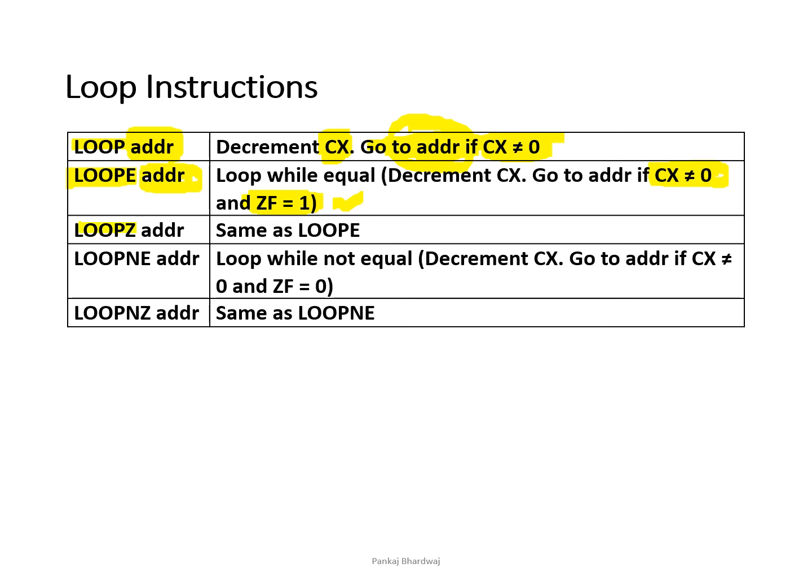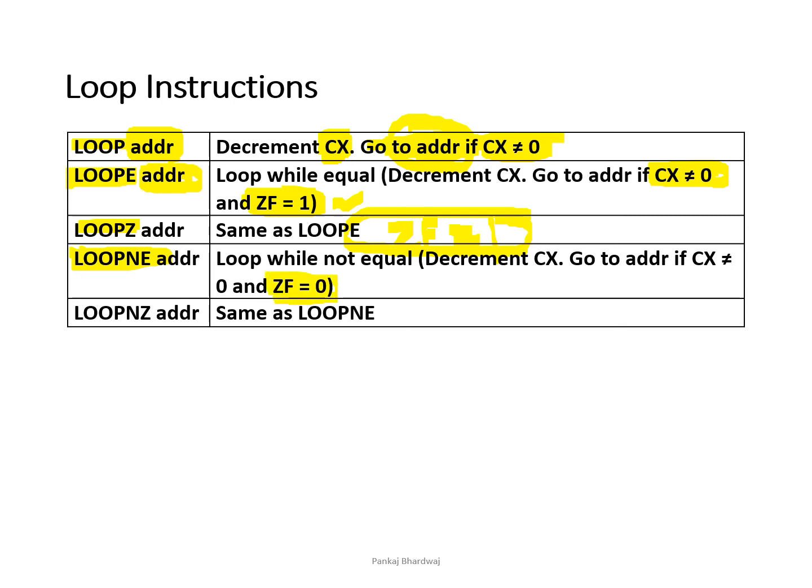Similarly, LOOPZ is the same as LOOPE because we are only checking the zero flag. So ZF equals 1, it is the same as the LOOPE command. It checks only the Z flag. Similarly, LOOPNE, that means loop not equal. That means we are going to check the value of the zero flag.